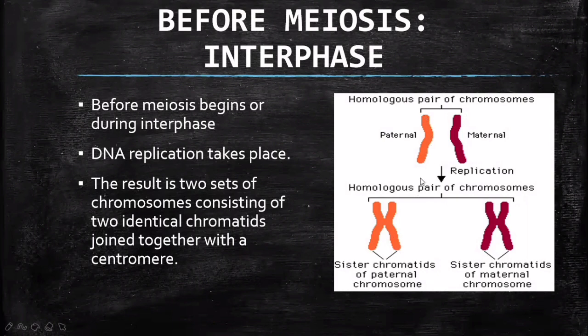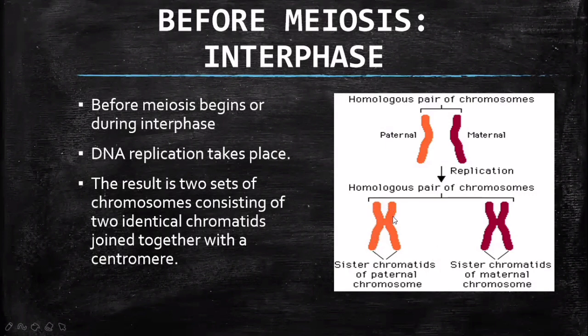But this is still a chromosome from the father. This one is from the mother. So both chromosomes from each parent will undergo replication to form sister chromatids. But this is also referred to as a chromosome because it's formed from the original, this one.